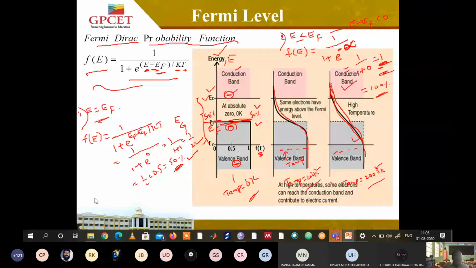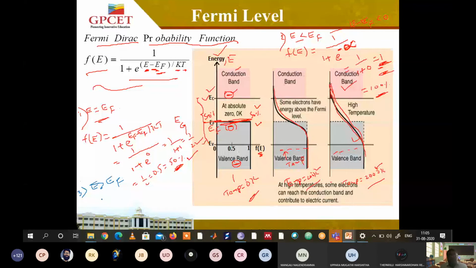Anyone, dear students, can you tell me what the third case is?